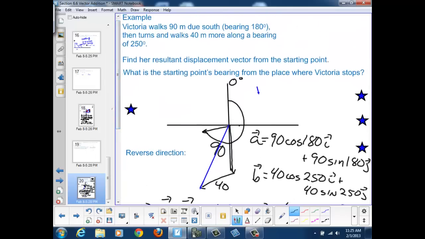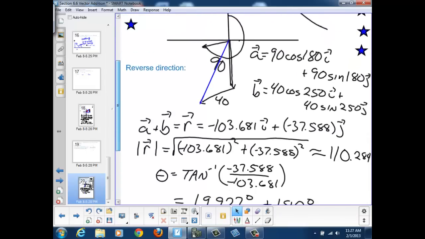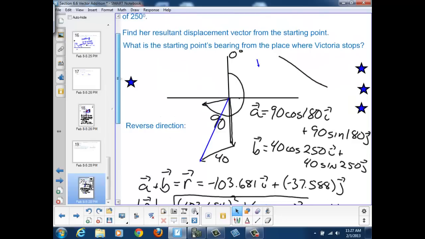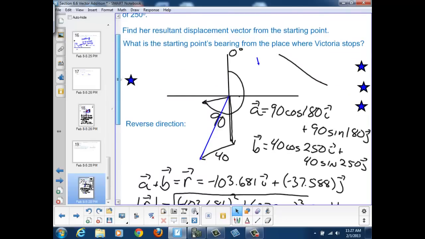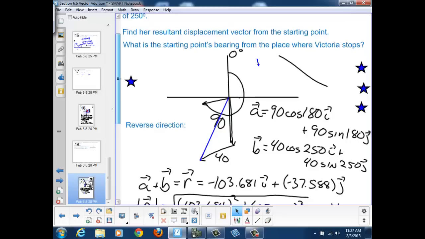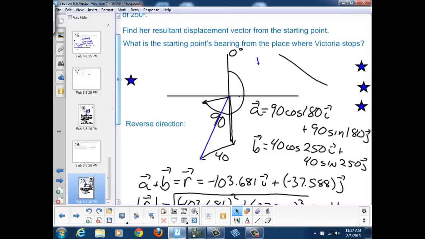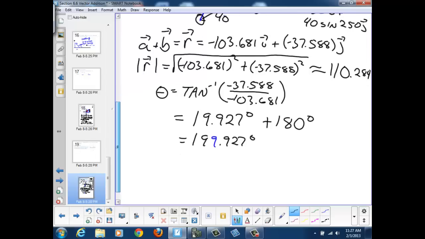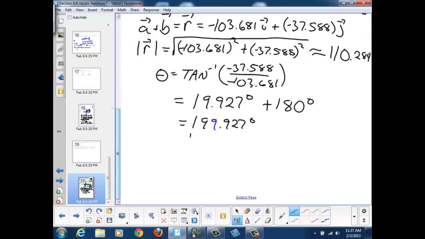meters. To find the bearing of the starting point from the place where Victoria stops, so looking in the opposite direction from where we stopped to where we started, basically to get there we would simply have to turn around or add 180 degrees to our original bearing so that we're moving in the opposite direction.